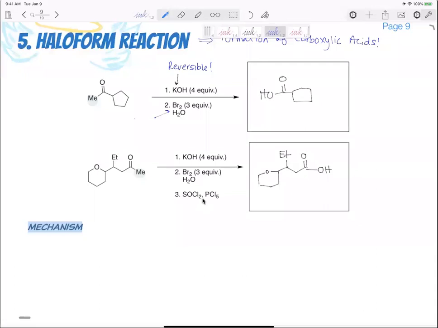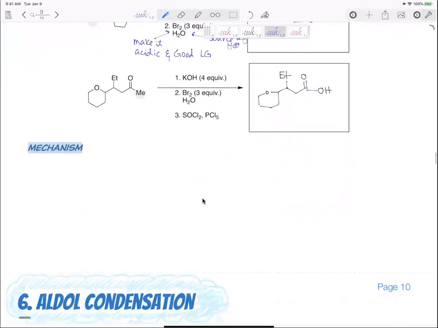Well, halogen is to make it acidic and a good leaving group. And then the water is to protonate it, a source of H+. Okay. It's always a terminal one. And I'll show you why later on, when we consider the mechanism.